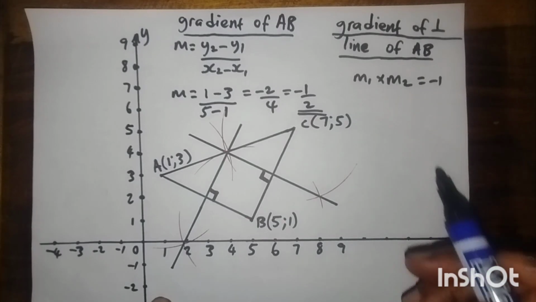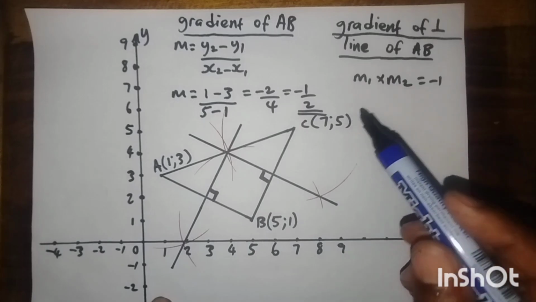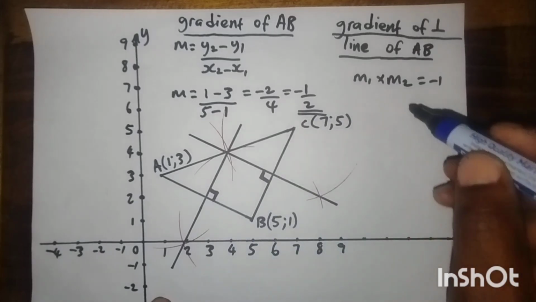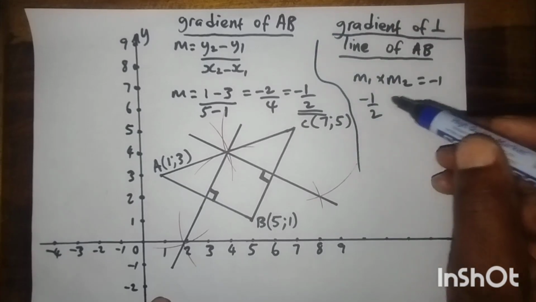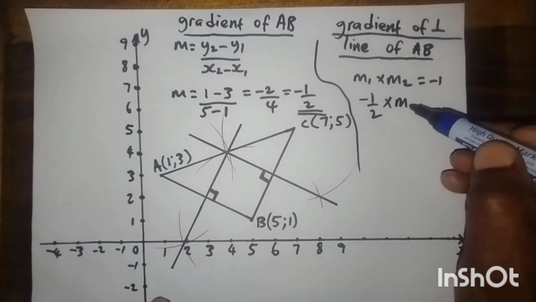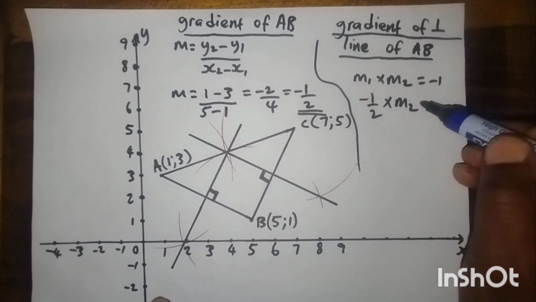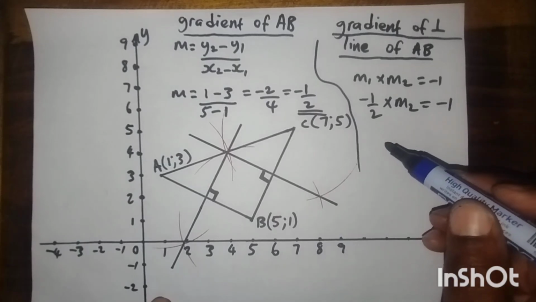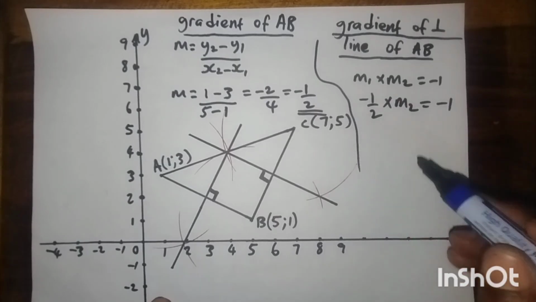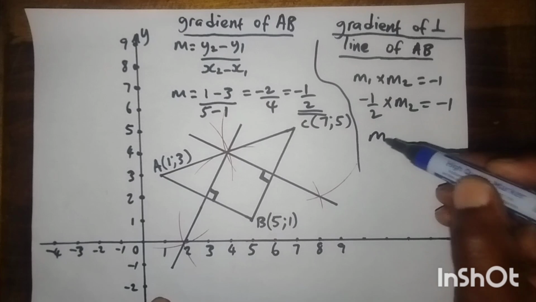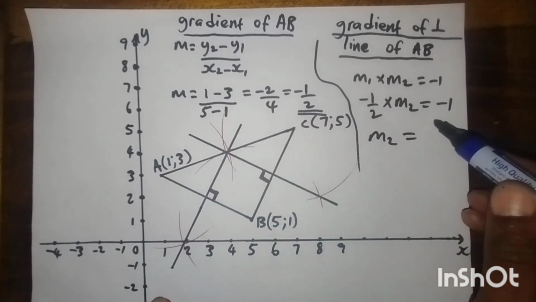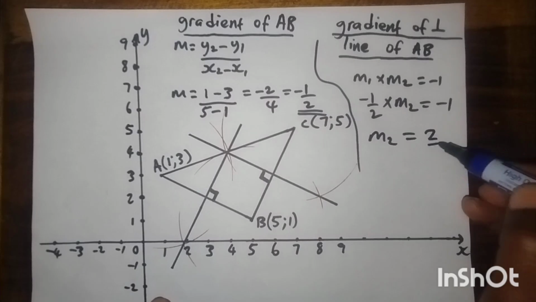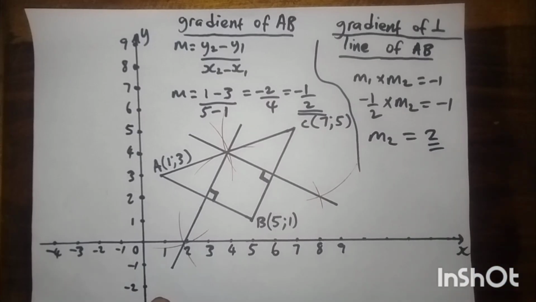So in this equation here, my m1 is the gradient of the line AB, so it's minus half, multiplied by m2, which is the gradient of this perpendicular line, equals negative 1. After solving this, you realize that m2, which is the gradient of the perpendicular line of AB, equals 2, okay?